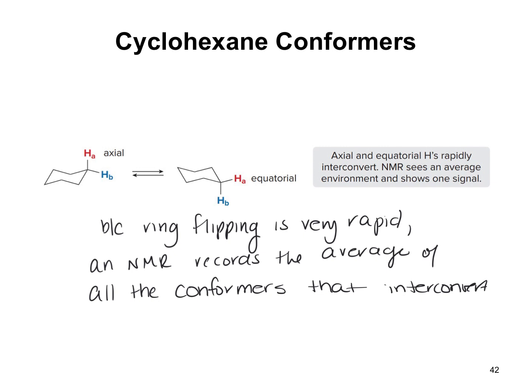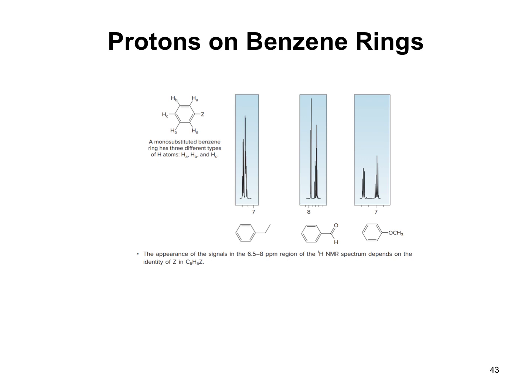So even though cyclohexane has 2 different types of hydrogens here, we only see one in an NMR spectrum. Now, let's talk about protons on a benzene ring really quickly. Benzene has 6 equivalent deshielded protons and exhibits a peak generally right around 7.27.